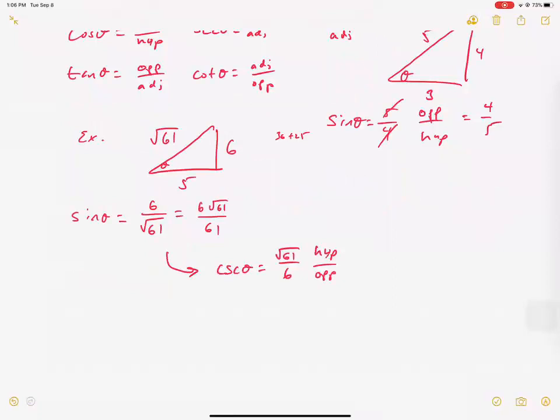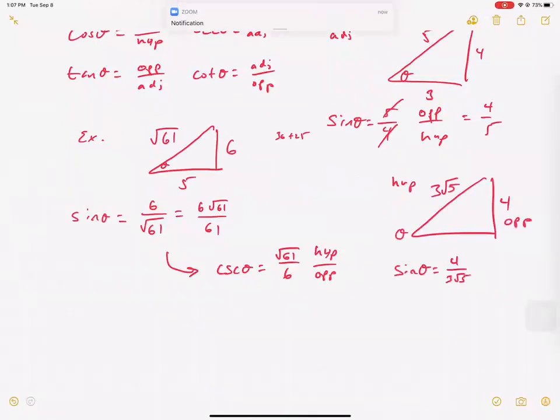Some people had problems when you had a square root with multiple numbers in it. So sine of theta would be 4 over 3 square root of 5, because that's my opposite and my hypotenuse. The fast way of writing this would be 4, put the square root on top, and then just write it without the square root.